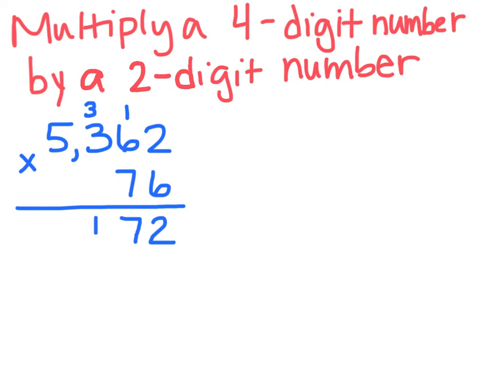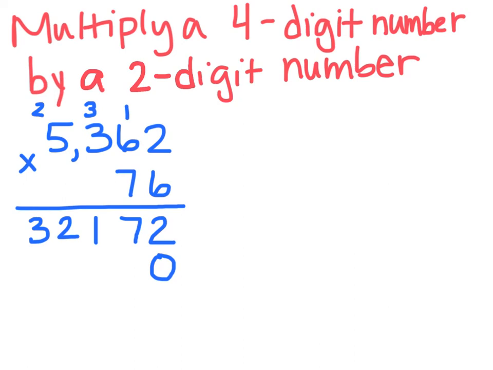So we'll place the 1 in the hundreds column, and we'll carry the 2 into the thousands column. Finally, 6 times 5 is 30, plus 2 is 32. So our 2 will go in the thousands place, and our 3 in the 10,000 place as a value of 30,000.